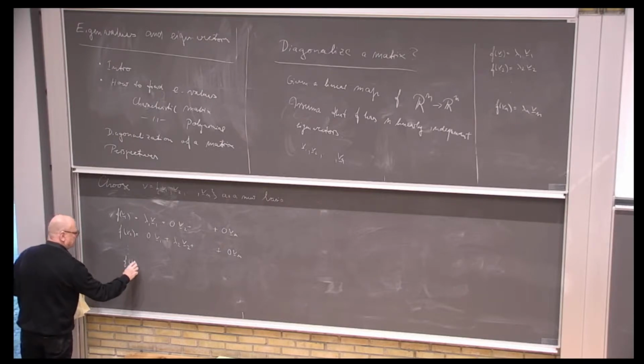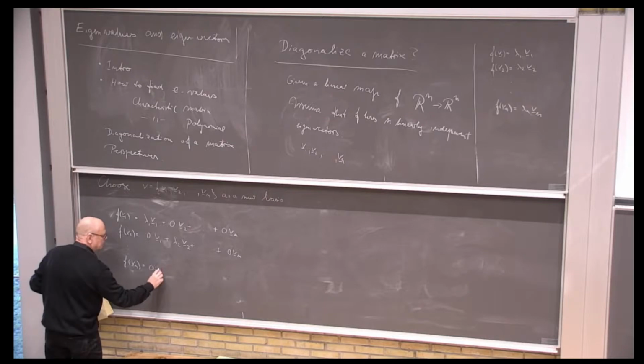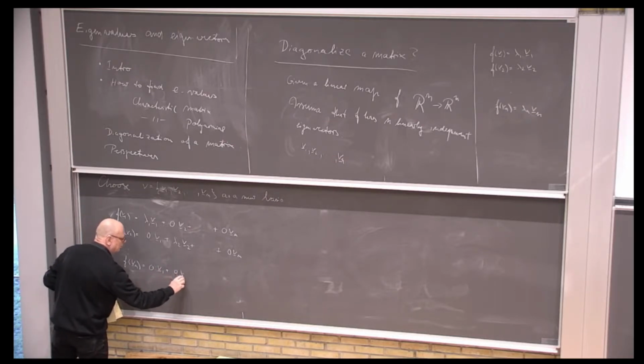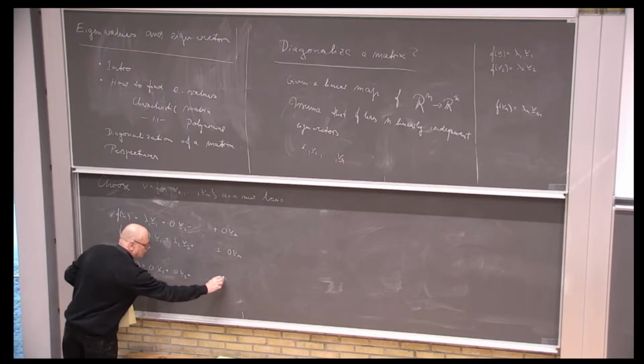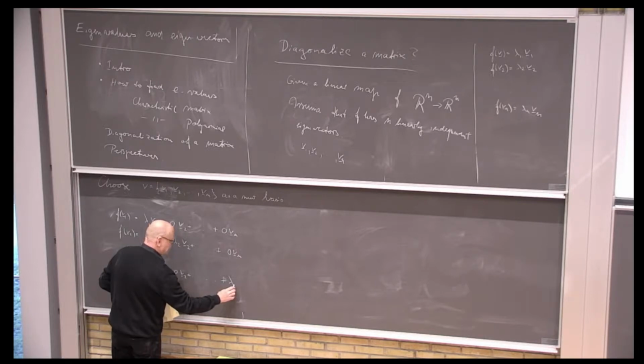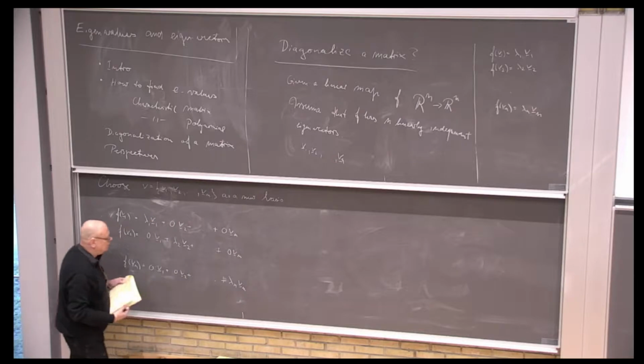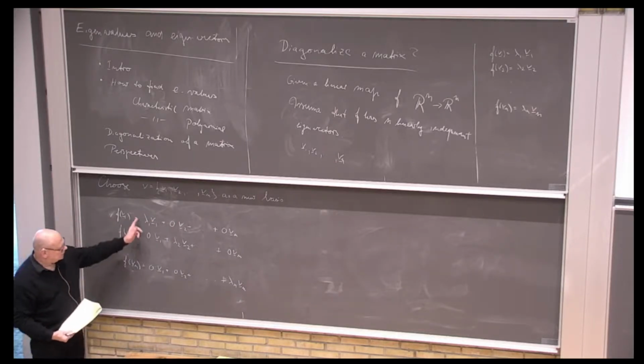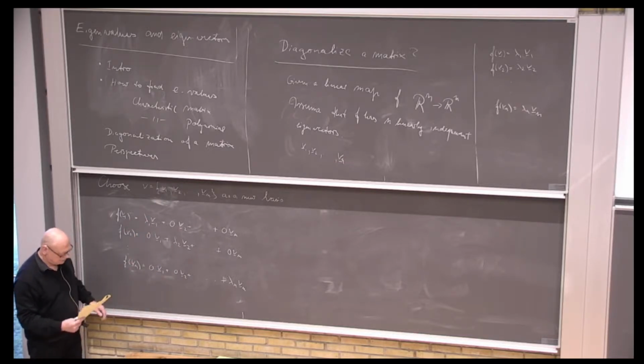And I get F of vn equals 0 times v1 plus and so on, plus lambda n times vn. If you look at this structure, on the diagonal you have something, but elsewhere you have 0.